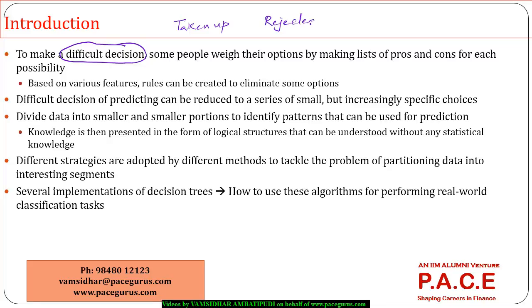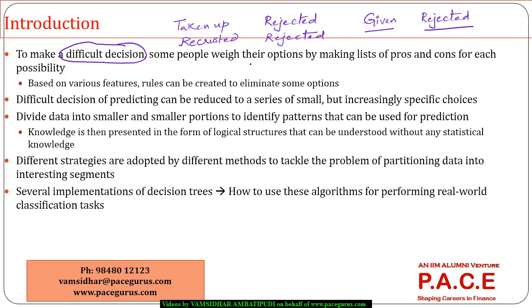Let's say I am an HR person, I have to take a decision whether a particular person needs to be recruited or rejected. Let's say I am a credit officer. I want to take a decision whether a loan should be given to a particular person or he should be rejected. So these are all different kinds of difficult decisions that I am talking of.